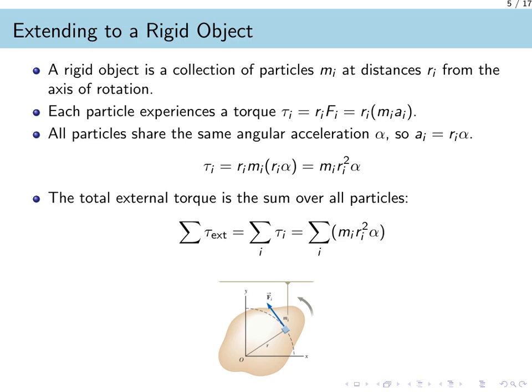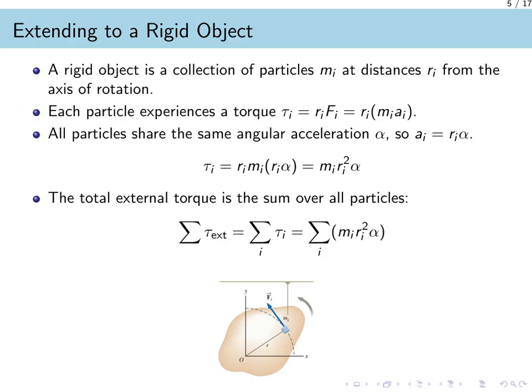Let us now extend our understanding of torque from a single particle to a complete, rigid object, like a spinning flywheel. This is important because it allows us to analyze the rotation of real-world, extended objects. We can model any rigid object as a collection of many small particles.